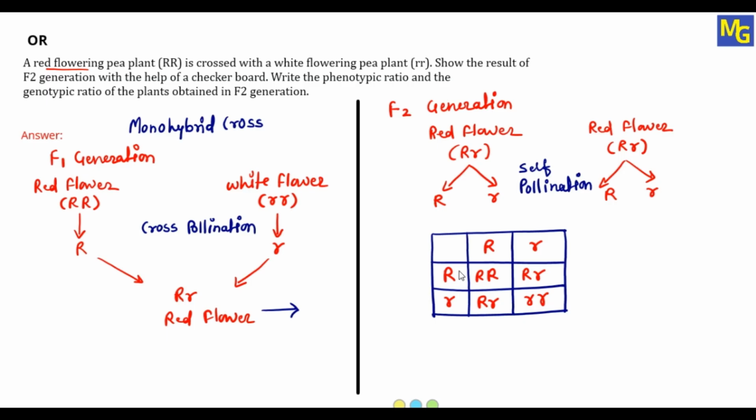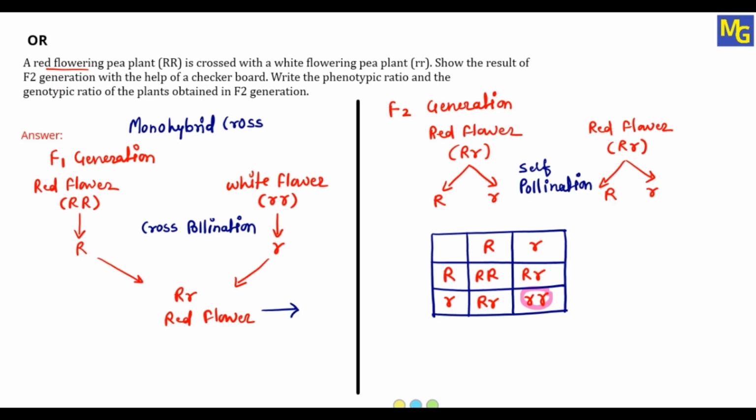First we crossed this capital R with this capital R. Then we crossed this capital R with this small r, so we got capital R, small r. Then for the next one, this small r we combined with this capital R, so we got Rr, and last, this small r we combined with this small r, so we got two small r's. Like this we can complete our checkerboard.